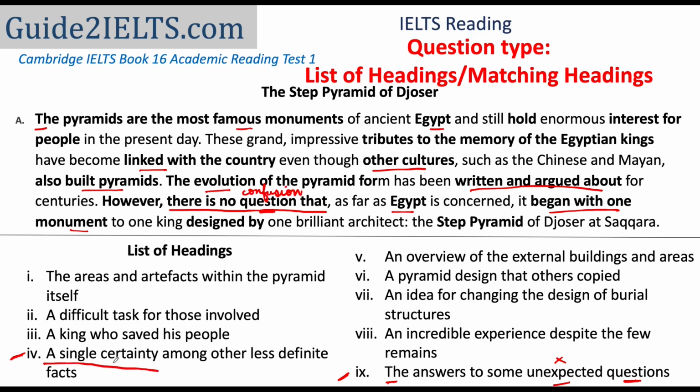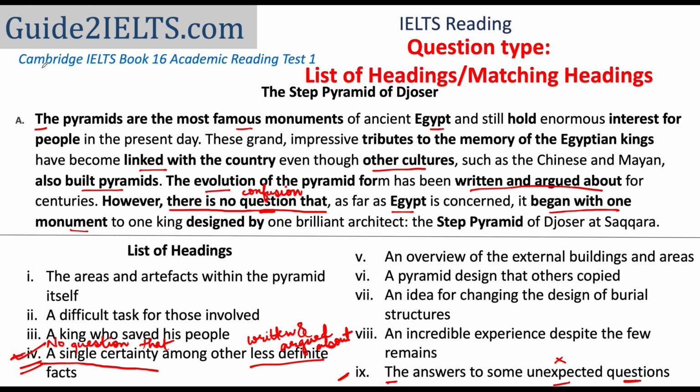So actually in this case, this refers to the 4th heading which says a single certainty among other less definite facts. So the less definite facts are things that are argued about for centuries. And the single certainty is there is no question that. So the answer to this one is fourth.